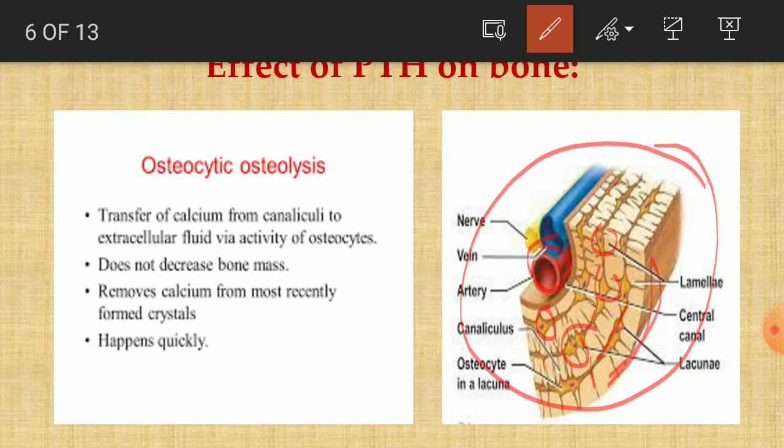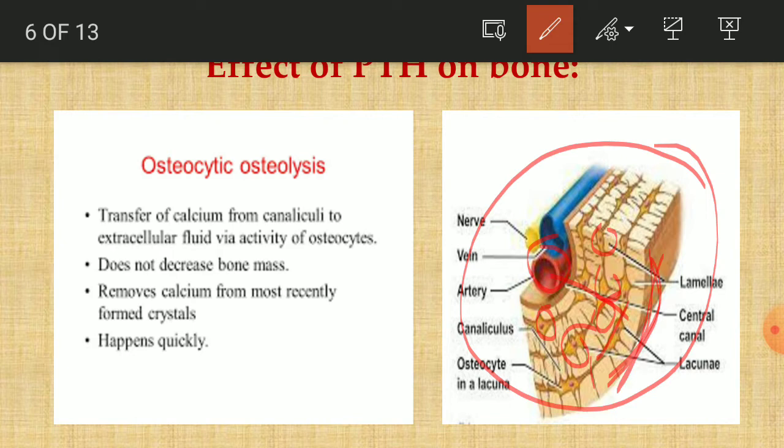So whenever there is release of PTH, the first action in an attempt to restore blood calcium level is osteocytic osteolysis. In this process, there occurs transfer of calcium ions from this canalicular fluid through the osteocyte into the blood vessels of the central canal. Here, the bony mass is actually not reduced. It is not mobilized, it is not resorbed.